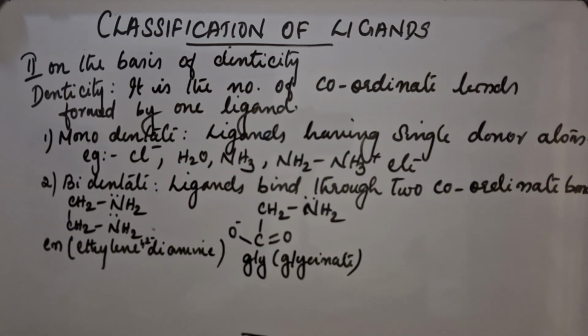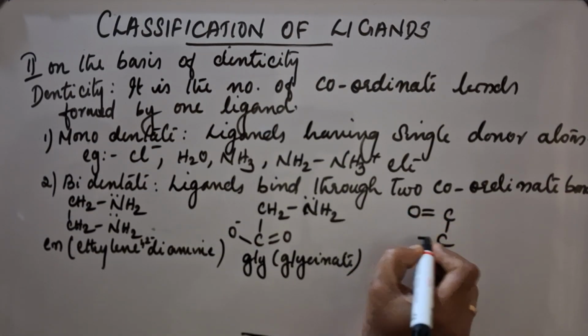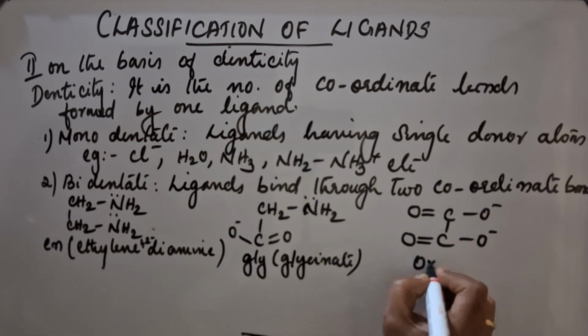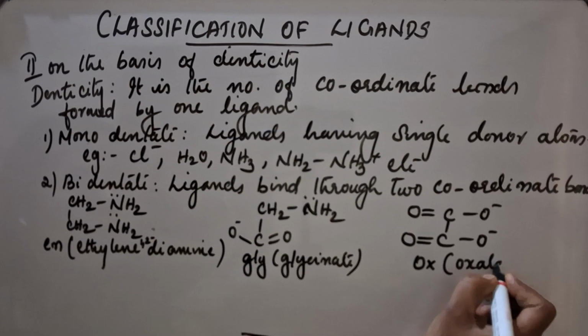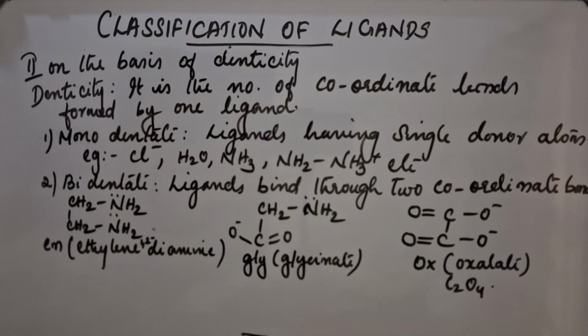Another example is oxalate, OX or oxalate, C2O4. These are the examples of bidentate. Next, polydentate.